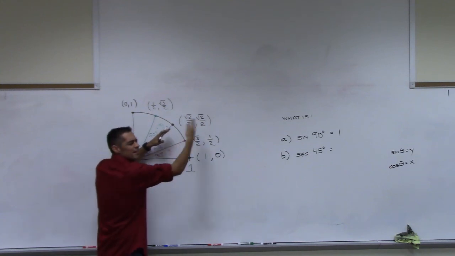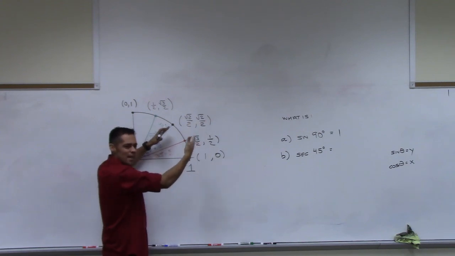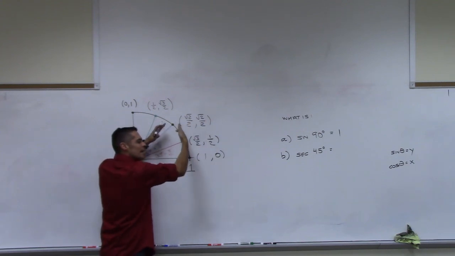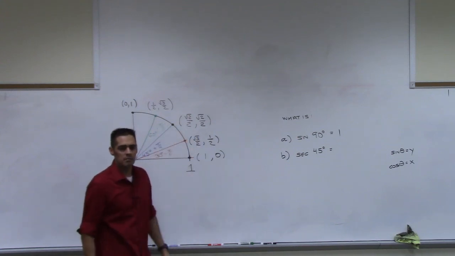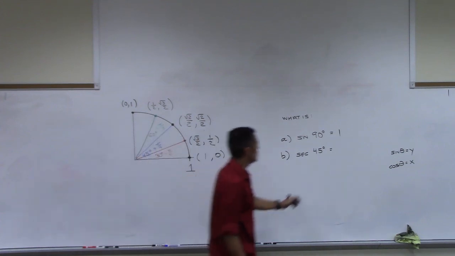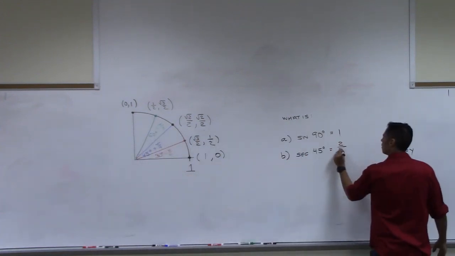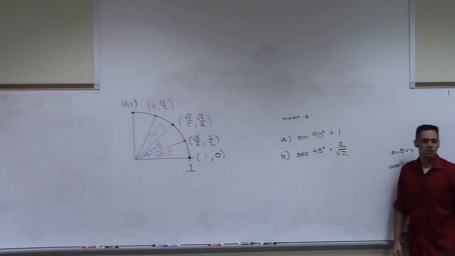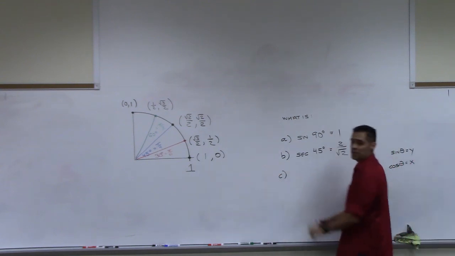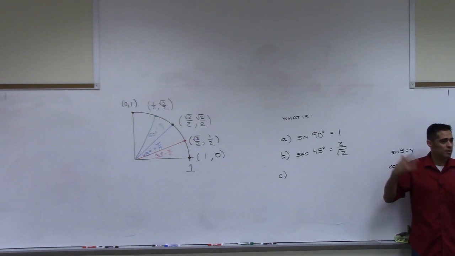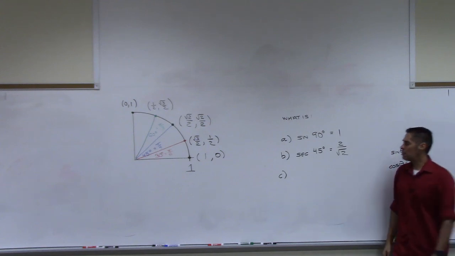So cosine, well, it doesn't matter because they're the same, right? But it would have been the x-coordinate, right? It would have been the x-coordinate. So it would have been that one flipped, right? So it should be 2 over root 2. I'm trying to show you this the way that I think you should get to a point where you're seeing it. Let's try another one.